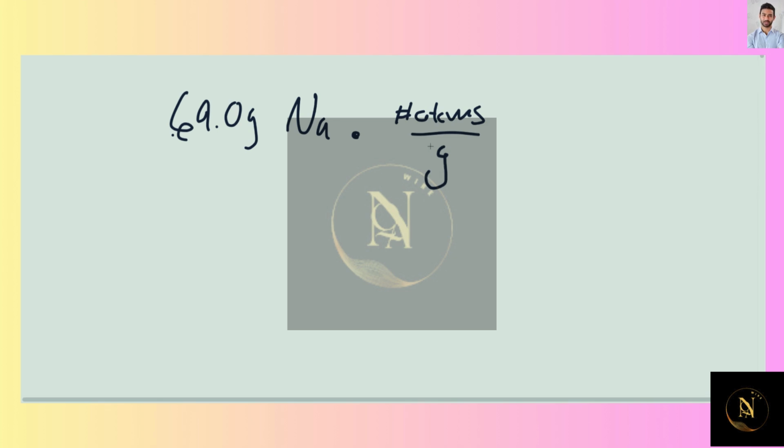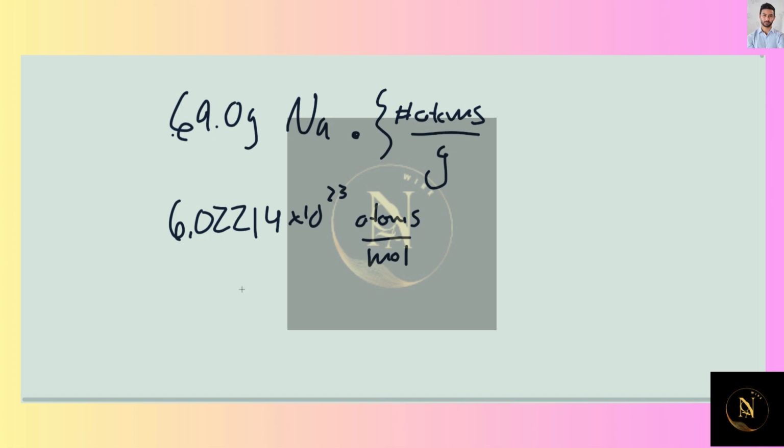Well, we don't know the number of atoms per gram, but we do know that Avogadro's number tells us there are 6.02214 times 10 to the 23rd atoms per mole. And we were told that there are 22.99 grams per mole of sodium, right?